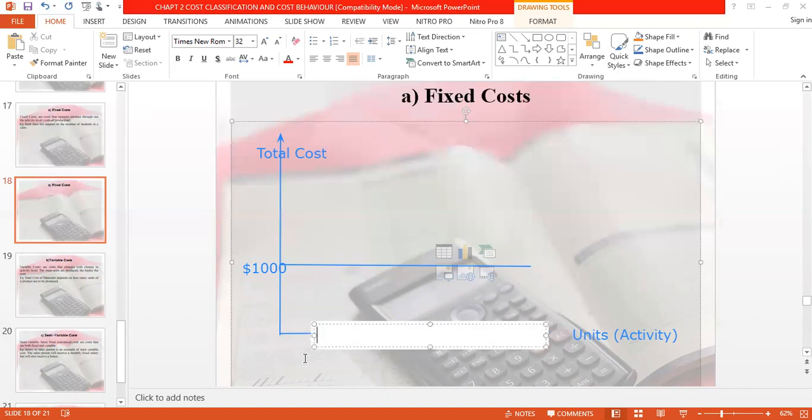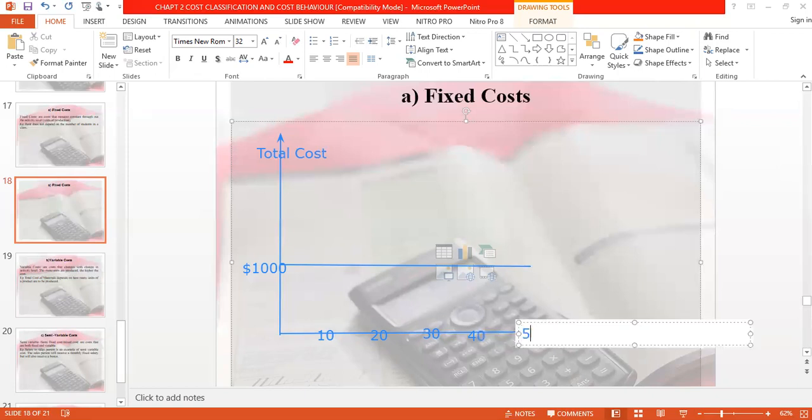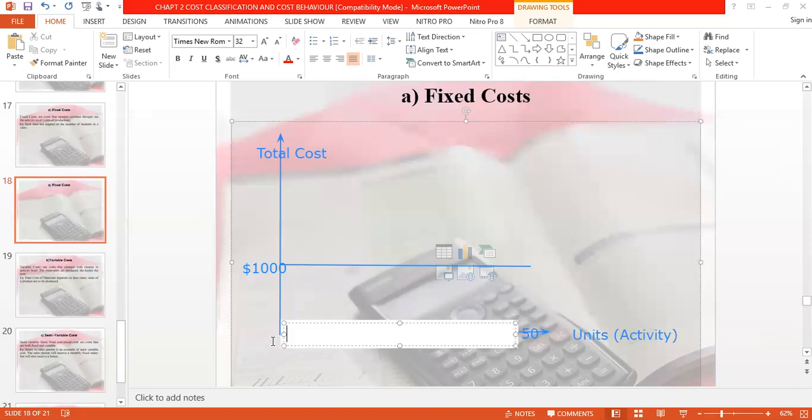So if here we are producing 10 units, there 20 units, there 30, there 40, there 50, and there we are producing zero units.